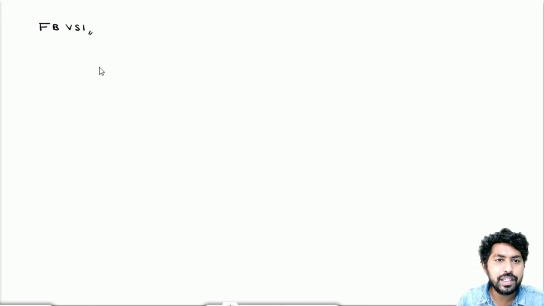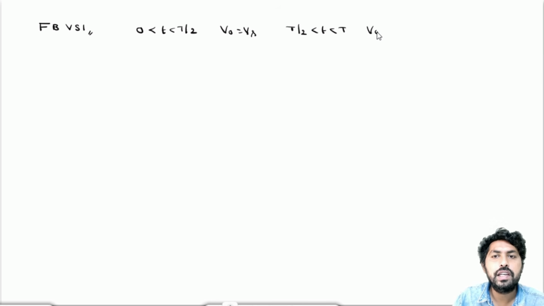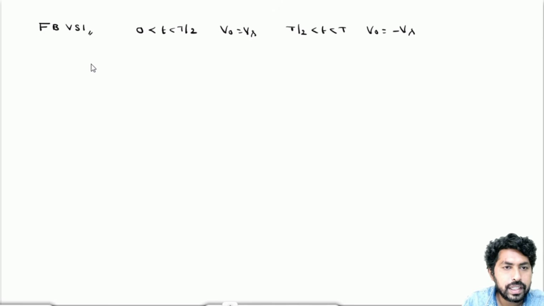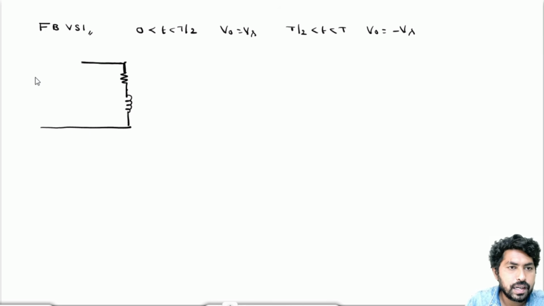Here from 0 to T by 2, V naught equals Vs in case of full bridge inverter. From T by 2 to T, V naught equals minus Vs. Let me represent it in a circuit. Here the load is RL load, R and L, and the source is a DC source.